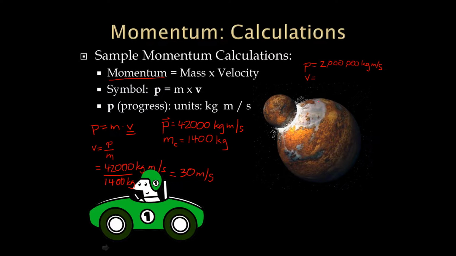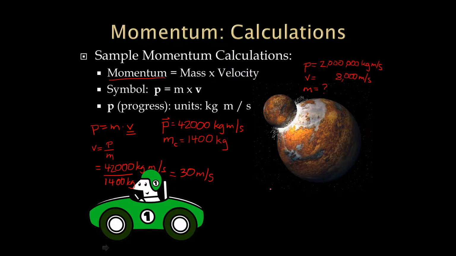Because of orbital positions, the velocity of the Earth and the other object could be pretty well known, and it was determined that the velocity of the object that hit the Earth was somewhere around 8,000 meters per second. And what we'd like to know is, what was the mass of that object that could have produced such a collision?